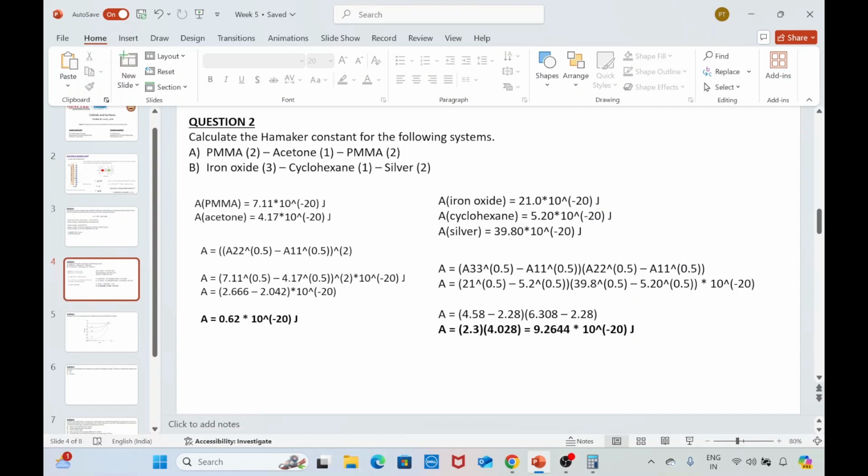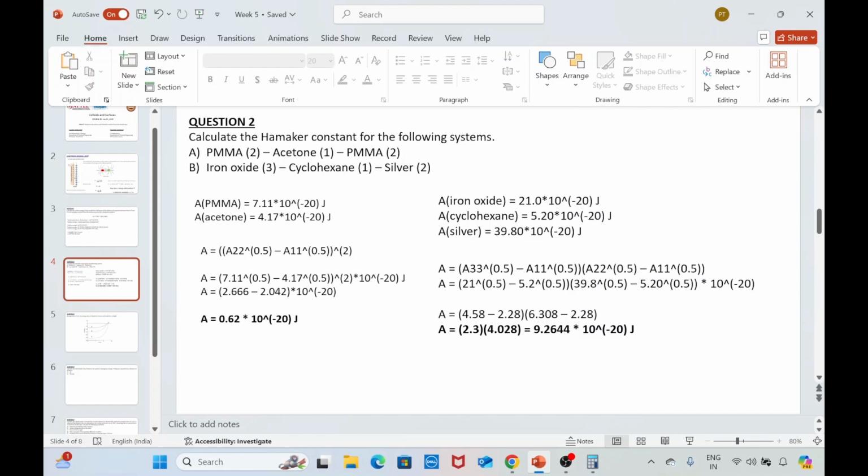But before that, again here if you see iron oxide and silver, for the individual, it's like the two iron oxide particles separated by air, the value is 29 and 39.8. But since that cyclohexane medium is coming in between, you can see the Hamaker's constant value is only 9.2644 times 10 to the power minus 20.